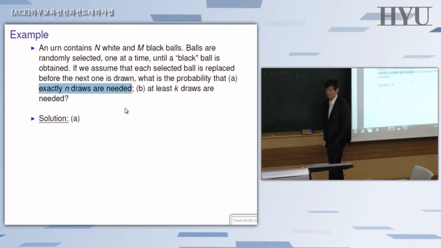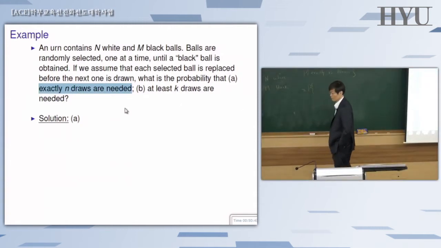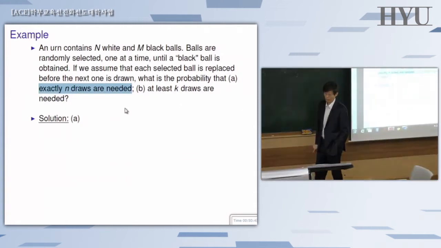How do you rephrase this one? You have to pick up exactly n times. So how do you put that in different words? Well, what do we mean by saying that you stopped after the nth pick? When does that happen?